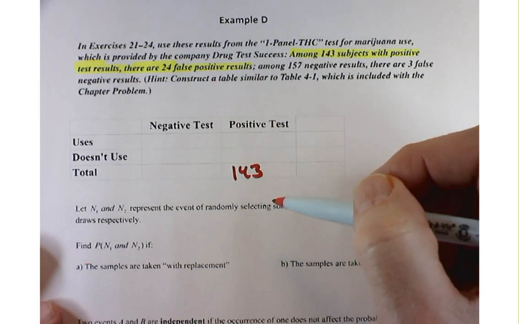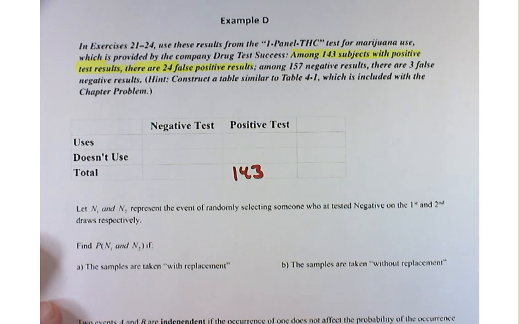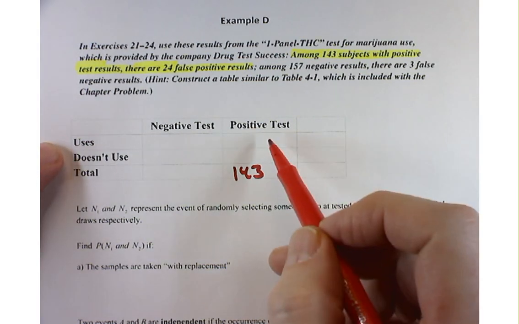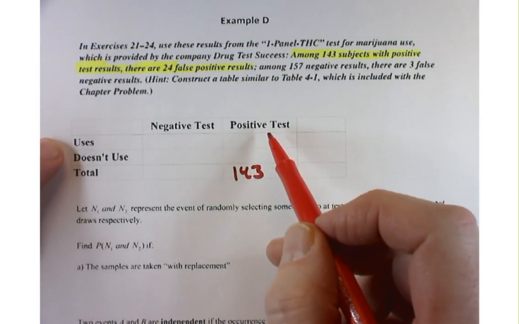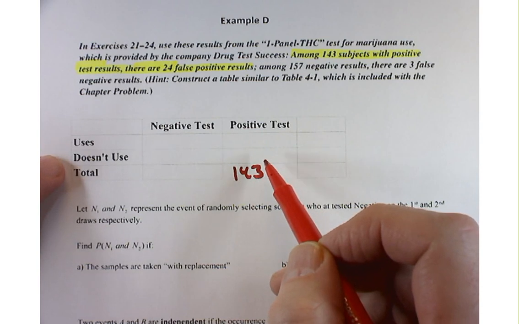Now, of those, there are 24 false positive results. So what's going on with a false positive result? Does that mean you use marijuana and you got a positive test, or does it mean you don't use marijuana and got a positive test?